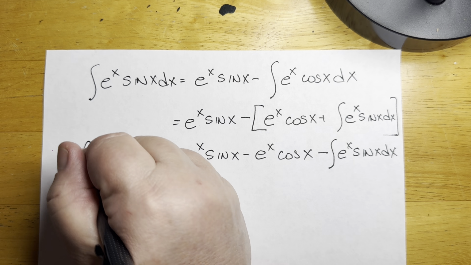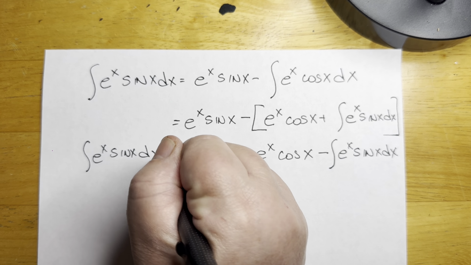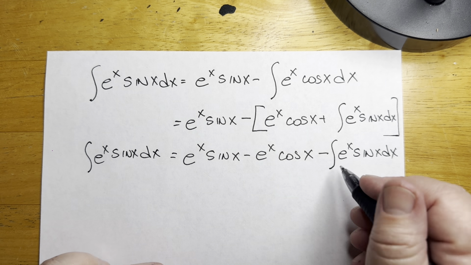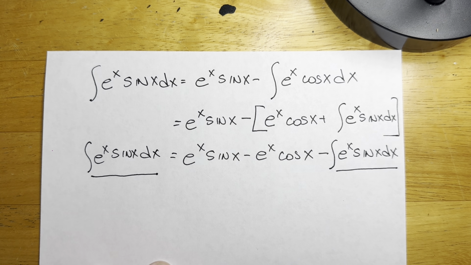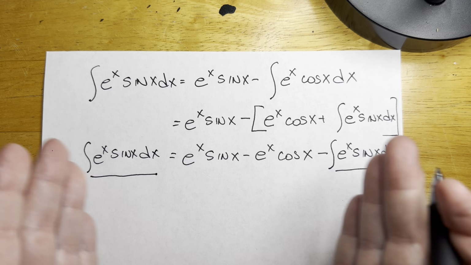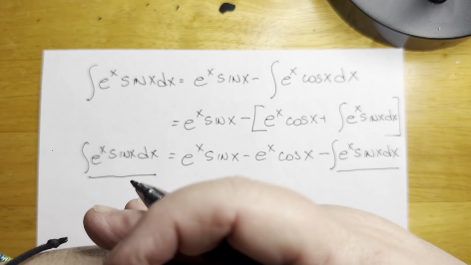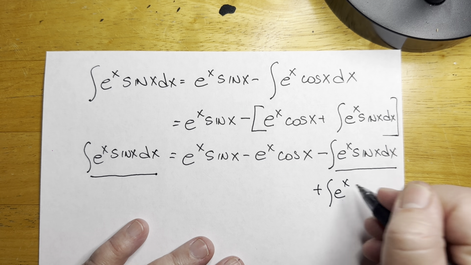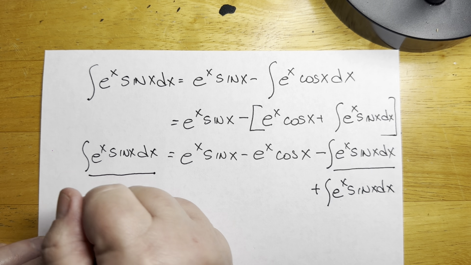Notice that that's equal to the integral of e to the x sine of x dx. This matches this. And I'm going to fold the equation on itself. Like literally, I'm going to fold the equation. I'm going to add the integral of e to the x sine x dx to both sides.